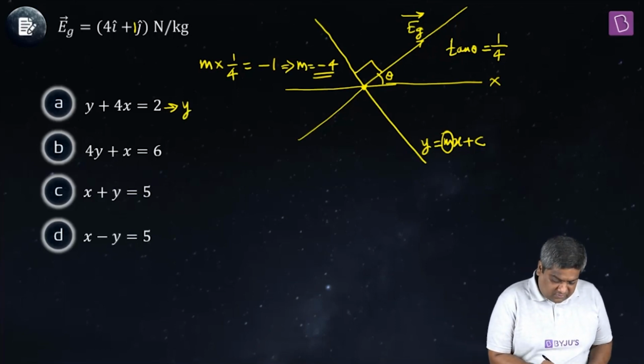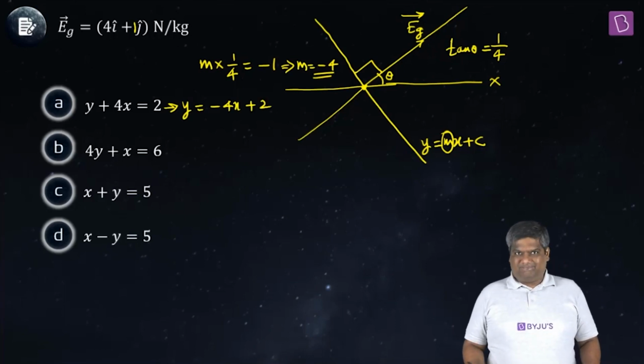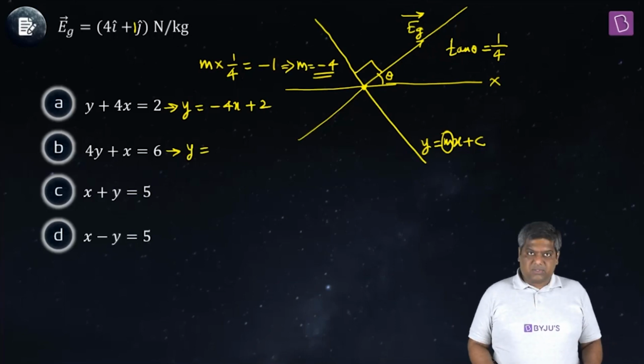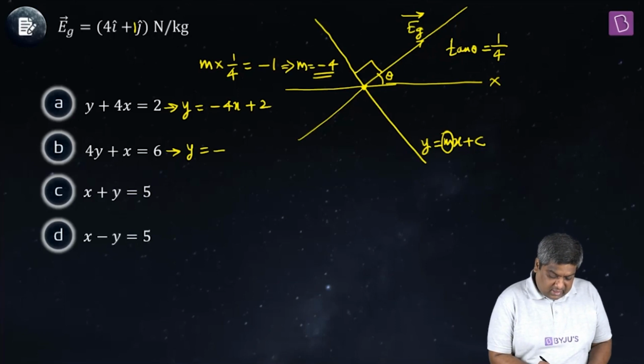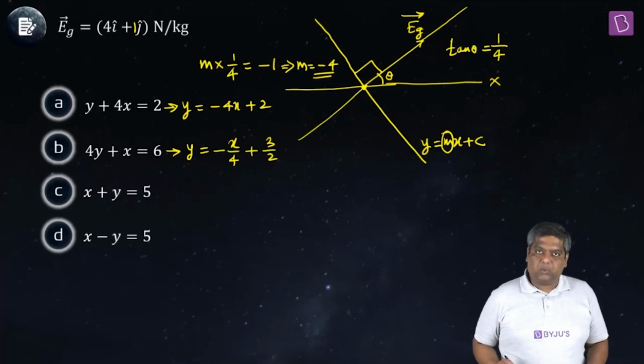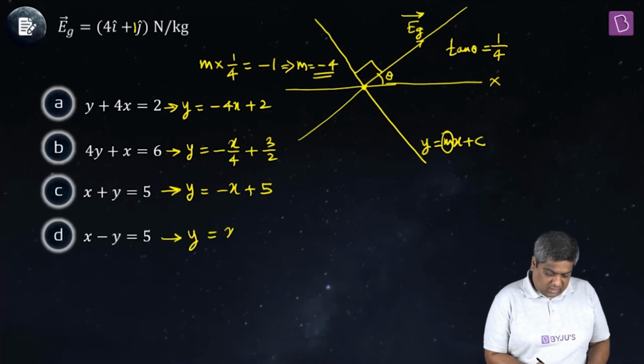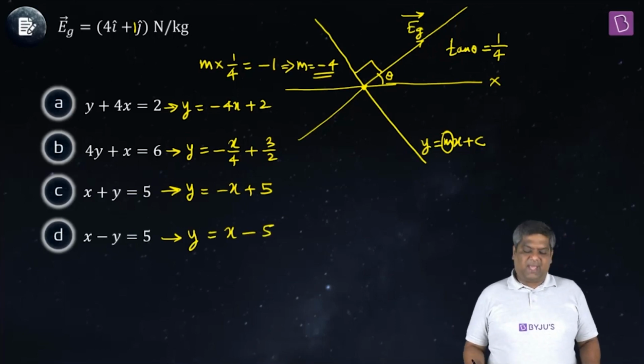So first option, y is equal to -4x plus 2, right? Second option, y will be equal to, x goes to the other side, so it is minus x by 4 plus 6 by 4, which is 3 by 2. Third option, y is equal to minus x plus 5. And fourth option will be y is equal to x minus 5.